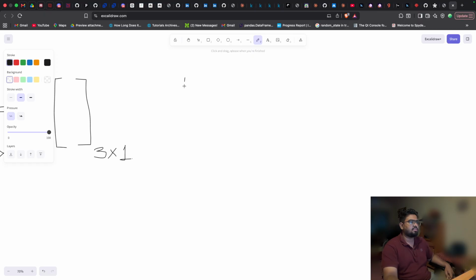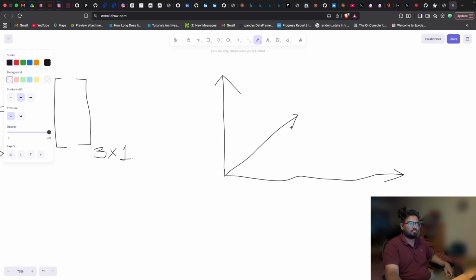So if I try to explain this concept geometrically, for example, this is my y-axis, this is my x-axis, and this is my vector x. Consider it is equal to 1 comma 2, and then after some time this extends to 2 comma 4.